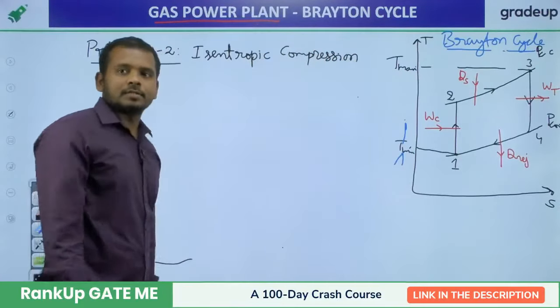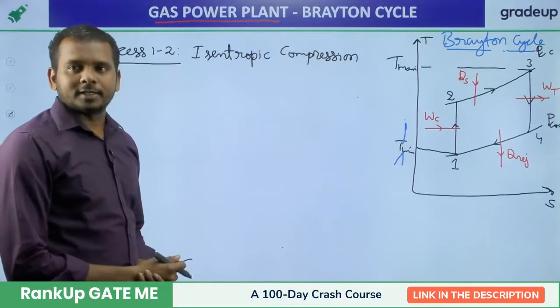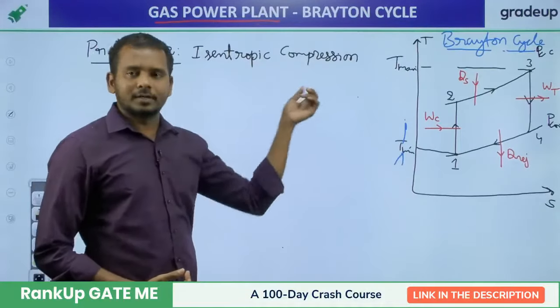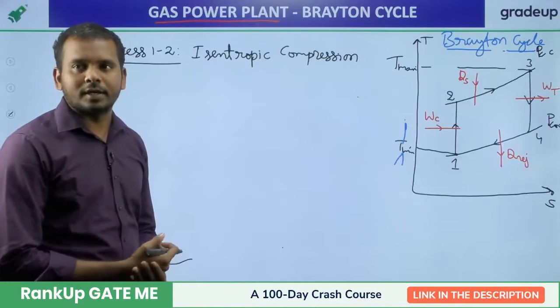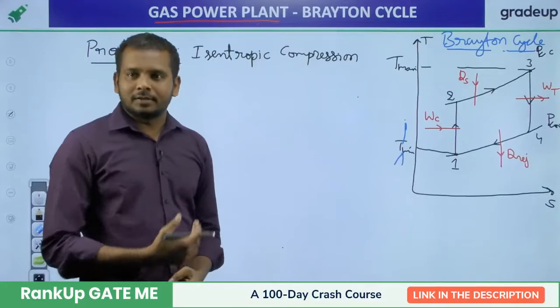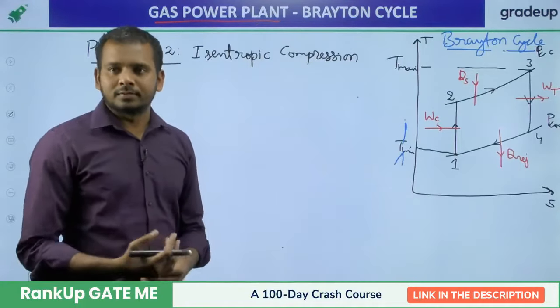Process 1 to 2 is isentropic compression. Ishak, I will explain the PV diagram also. First let us write all the energy transfers and then I can explain the PV diagram also. Aravind, just wait. Yes, Aravind, we will derive the efficiency.